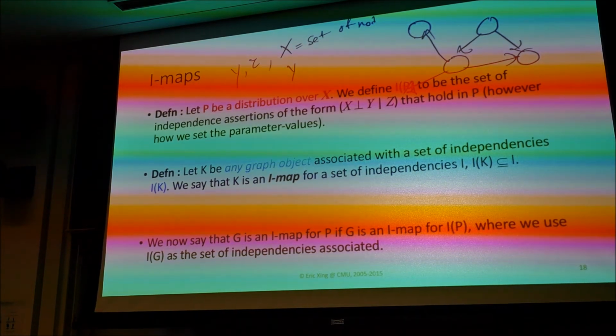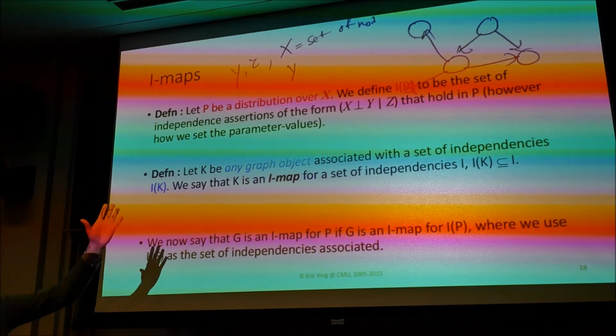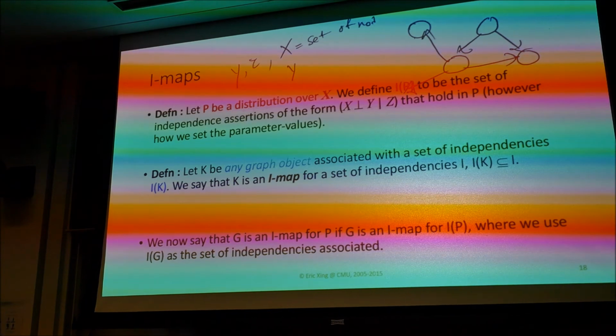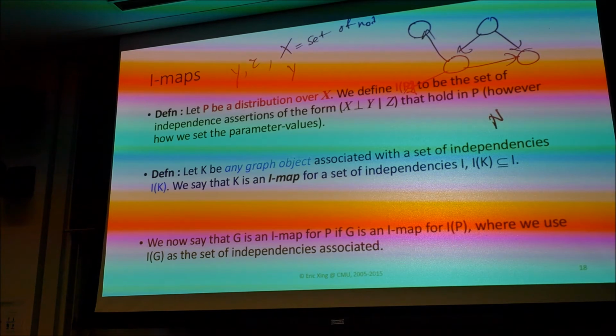So if I have a graph of n nodes, how many different ways can I build that X independent of Y conditioned on Z? How many different ways can I enumerate this?